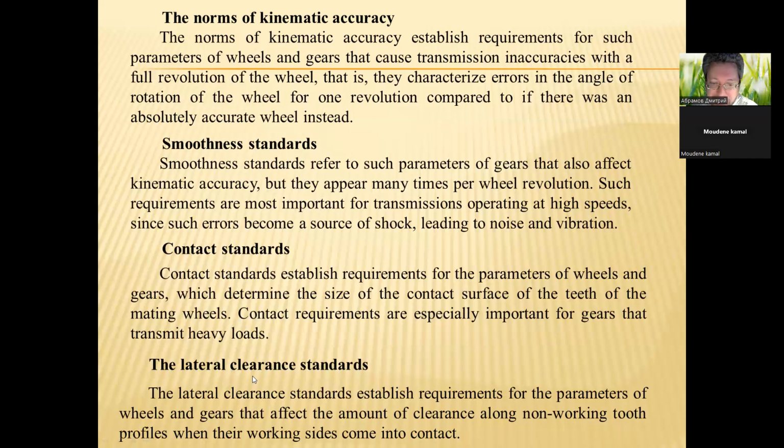The lateral clearance standards establish requirements for the parameters of wheels and gears that affect the amount of clearance along non-working tooth profiles when their working sides come into contact.